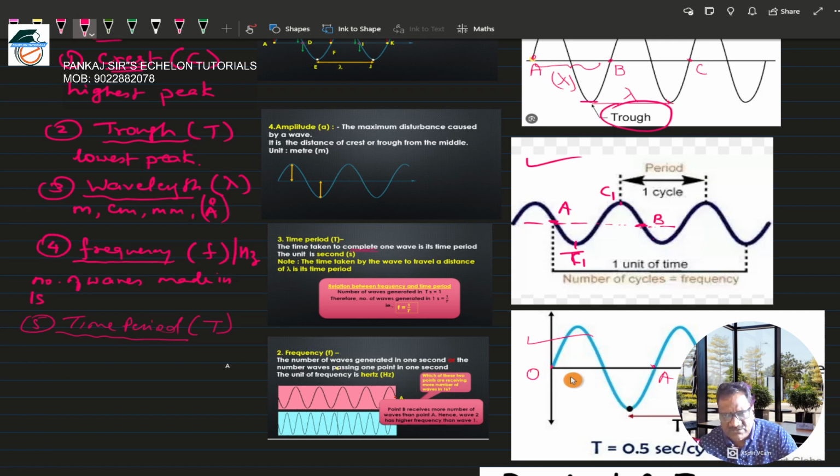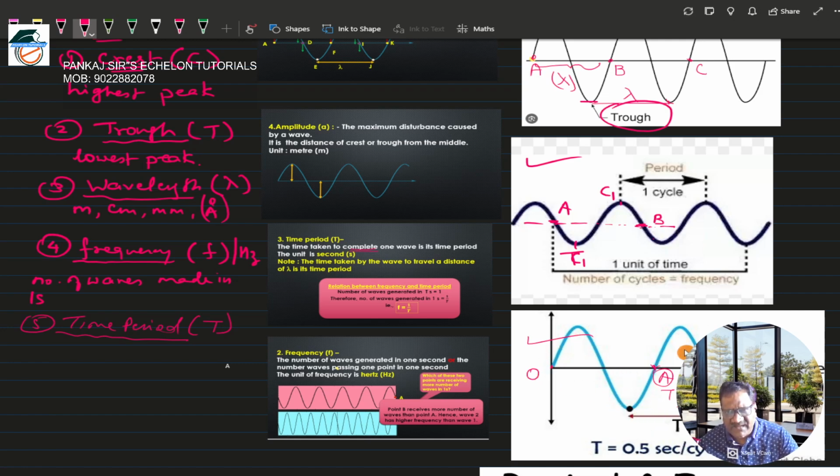Suppose the time taken for this single wave is 0.5 seconds, then the periodic time of this wave is 0.5 seconds. That is known as periodic time, capital T.